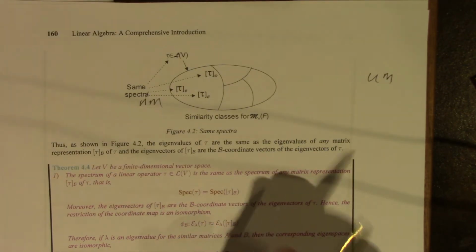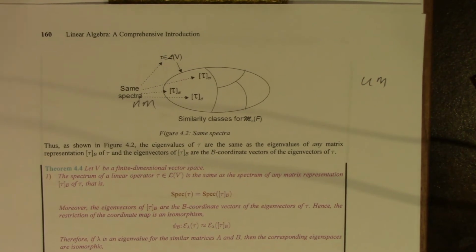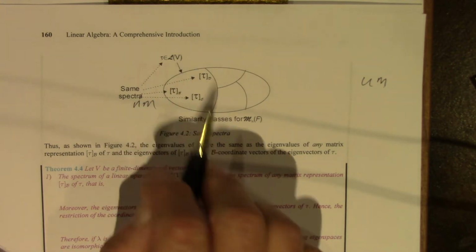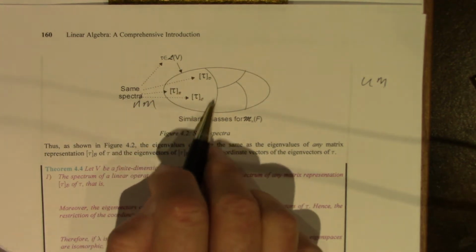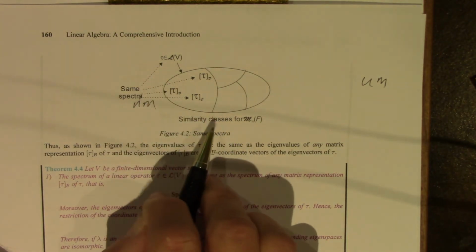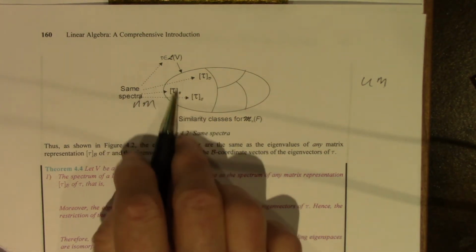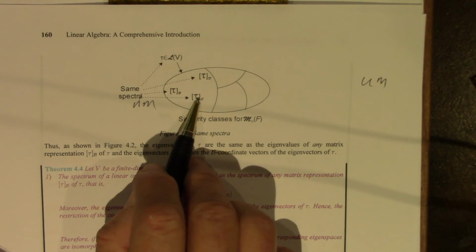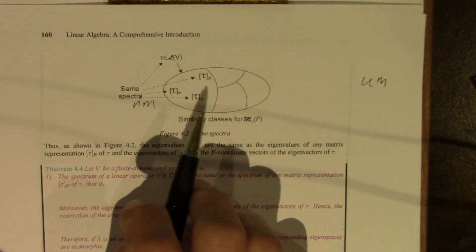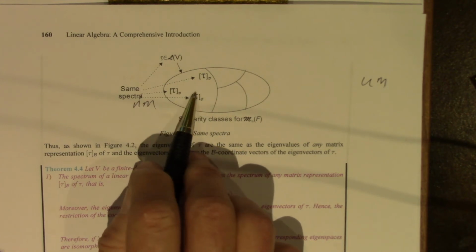So here's a picture that describes the situation. We have a linear operator on V. We have various matrix representations for the operator that fill a similarity class. Now remember, these are matrices. They're also linear operators, so they have spectrum.